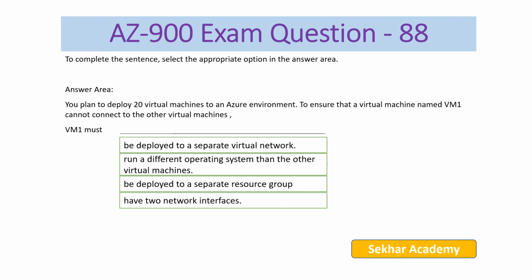AZ-900 exam question number 88. To complete the sentence, select the appropriate option in the answer area. The answer area here: you plan to deploy 20 virtual machines to an Azure environment.